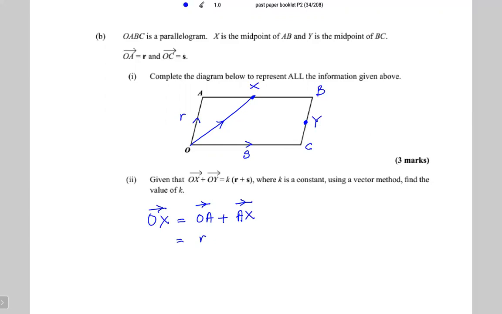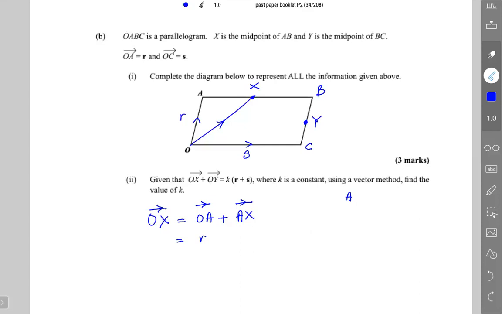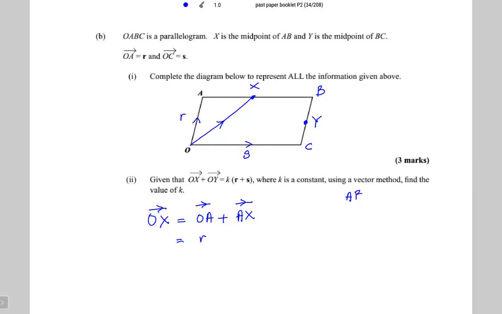Now, we know that the vector AB is equal to the vector OC. They're equal, which is equal to S. The vector OC, which is at the bottom, is equal to the vector AB, which is at the top.